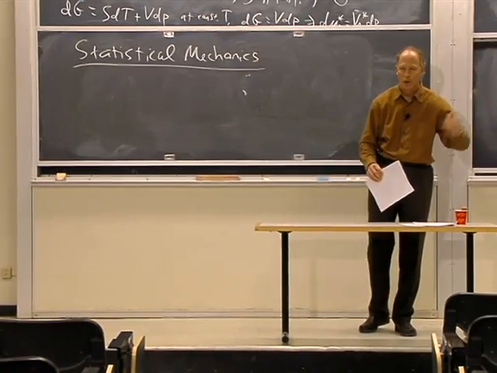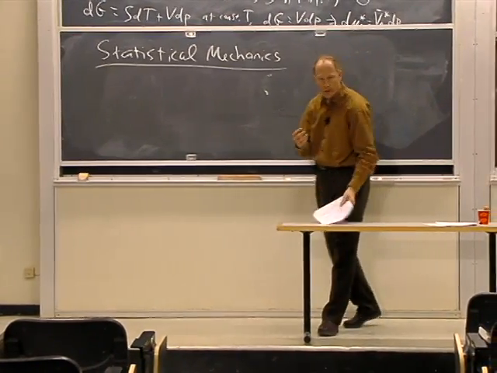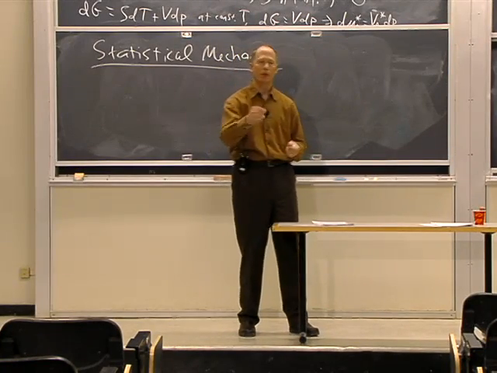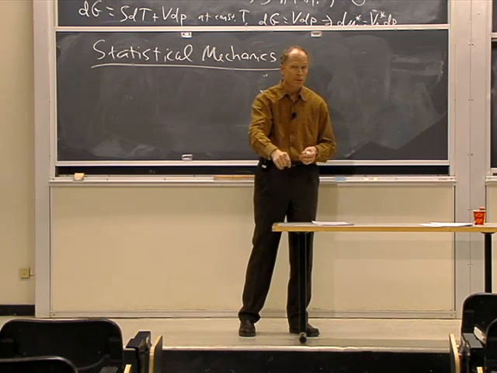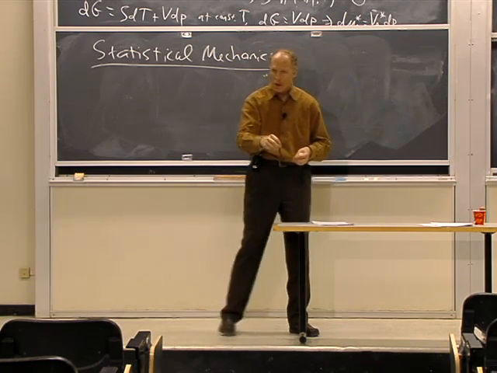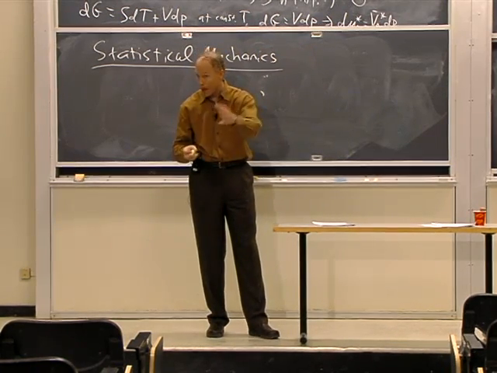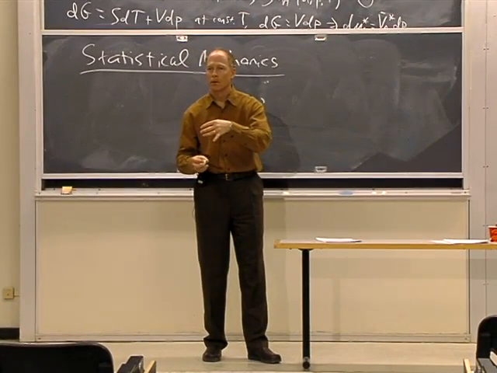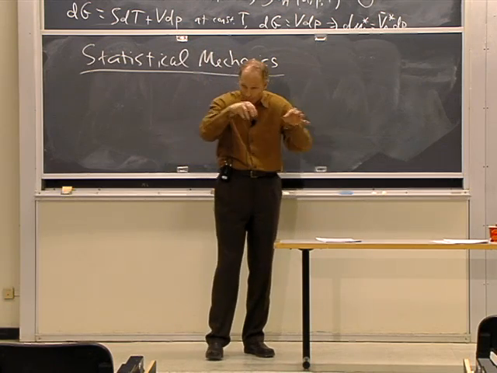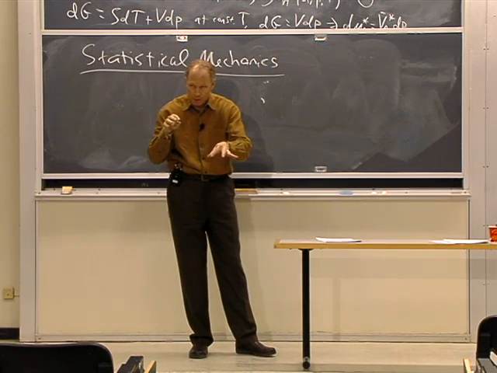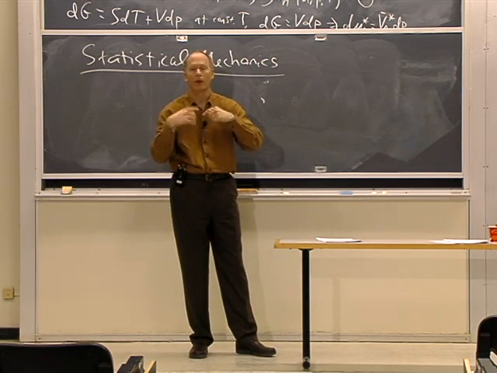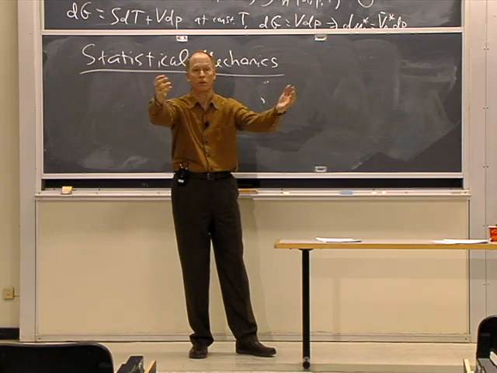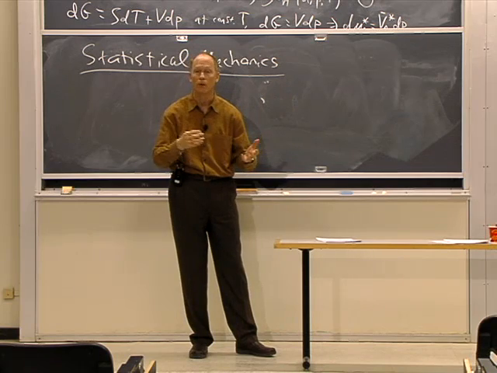Our strategy is to determine the probabilities that molecules are in certain states with certain energies. If we can determine that for all the possible states, then we can average over those. Without keeping track of every individual molecule, we could then calculate an average energy, which is what you would measure thermodynamically when you look at the whole collection and measure what we call U.